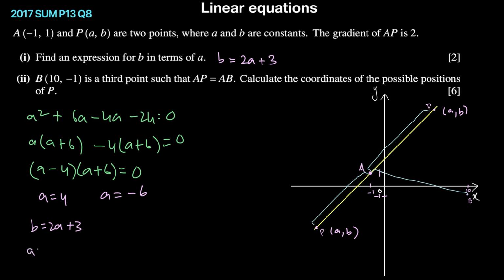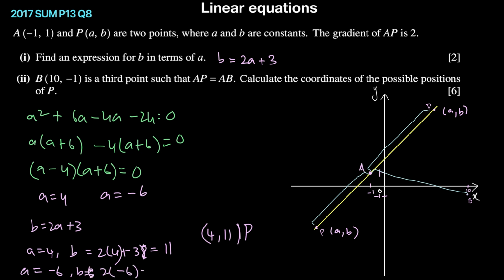So when A is equal to 4, B is equal to 2 times 4 plus 3, so that's 8 plus 3, which is 11. So we have the coordinate (4, 11) as one possible set of coordinates for P. And the other possible set of coordinates for P is when A is equal to minus 6, B is equal to 2 times minus 6 plus 3.